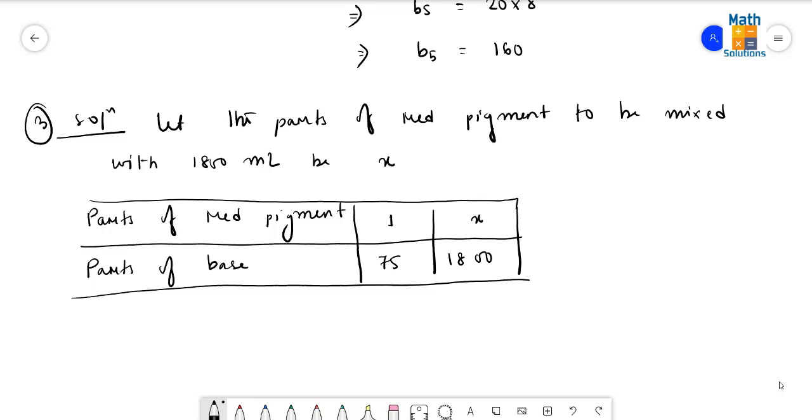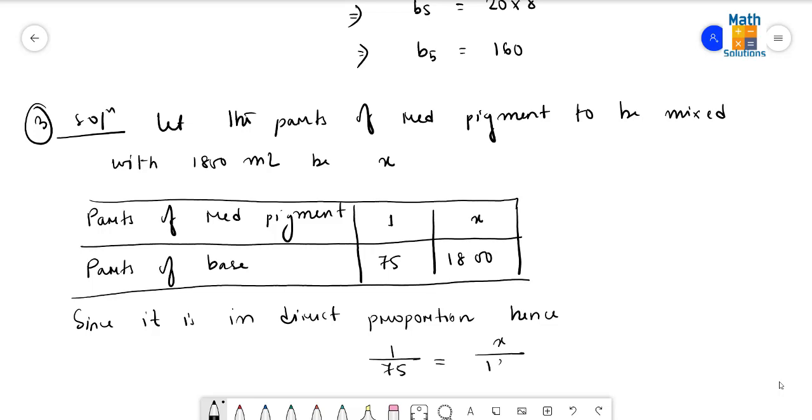Therefore, since it is in direct proportion, by the concept of direct proportion we can write 1 by 75 is equal to x by 1800.